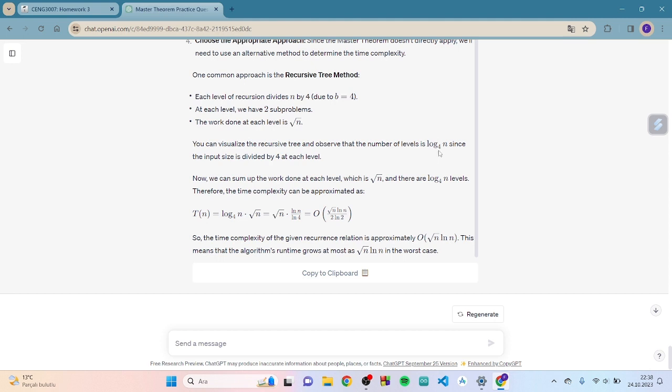Observe that the number of levels is log base 4 of n, since the input size is divided by 4 at each level. Now we can sum up the work done at each level, which is n square root n and log base 4 n levels. Therefore, the time complexity can be approached this way, and the runtime grows at most approximately n square root n log n.